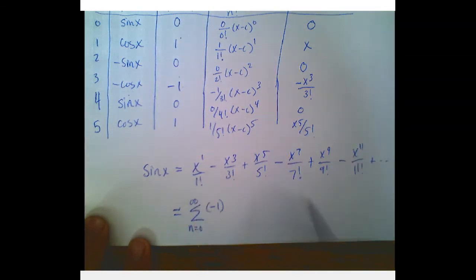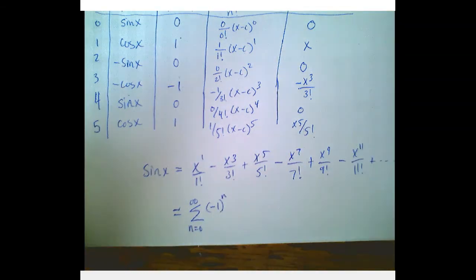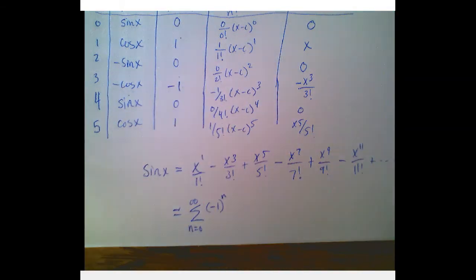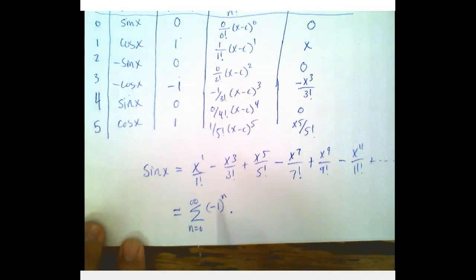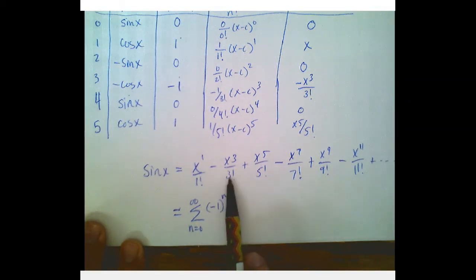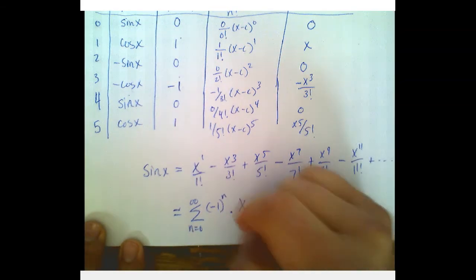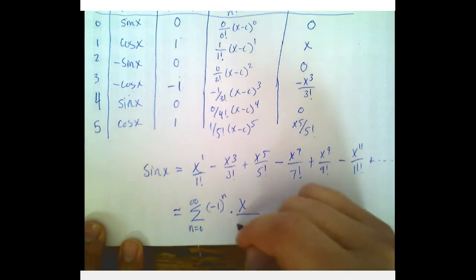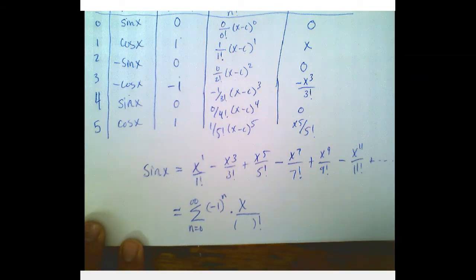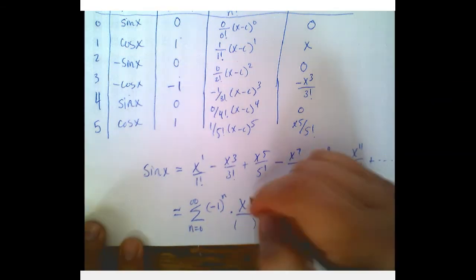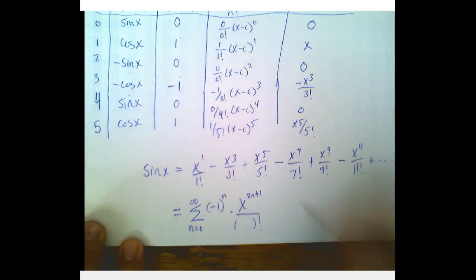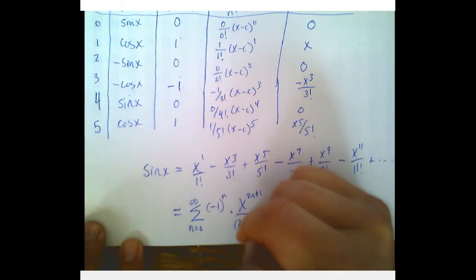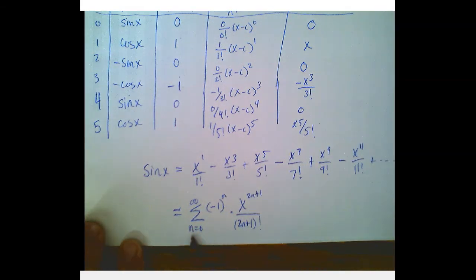And the first one is positive, so we can just say negative 1 to the n. And then we have all the odd powers here, so it's going to be x to some odd power over the same power factorial. So recall how we get an odd power. We do 2n plus 1. So let's just make sure that's right.